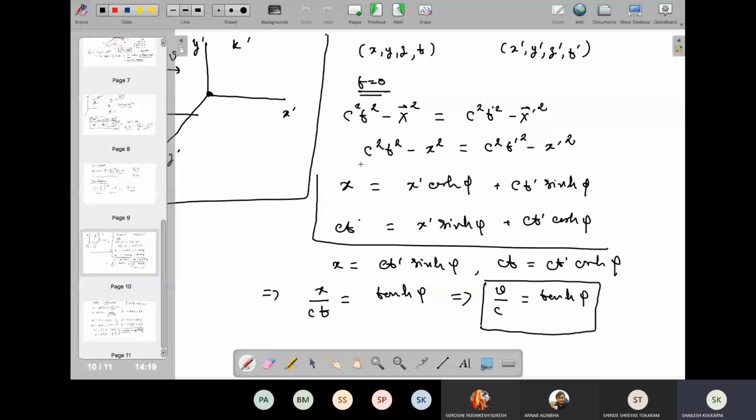Has it been done already at the BSc level? Yes, it's done. So I will not skip that, but I will do it quickly. And then we will discuss the 4 vectors, and there I will spend some time on the 4 vectors and tensor notation.